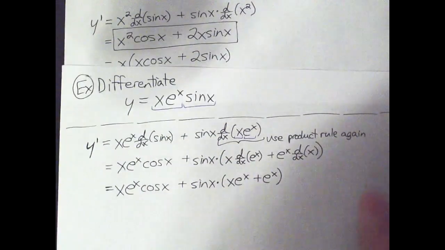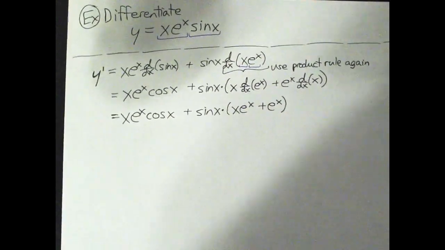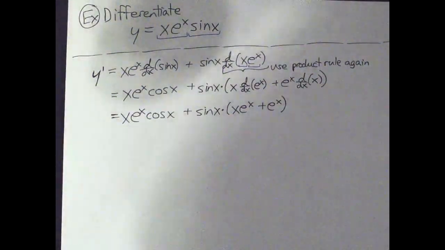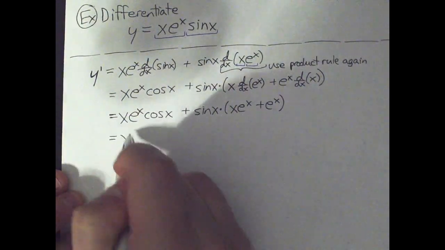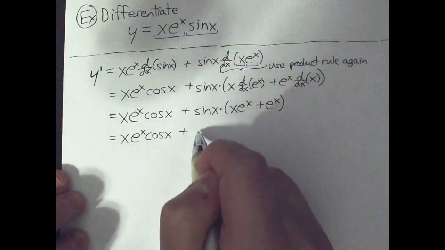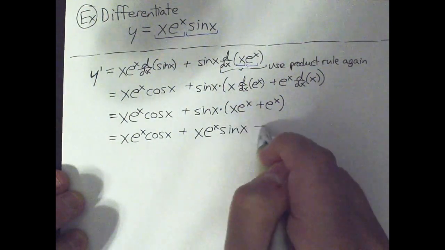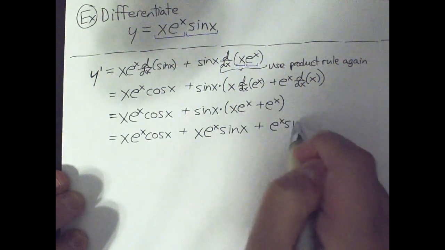At this point, maybe I would distribute, see if there's anything that's going to combine, see if there's going to be any nicer way to write this. So I decided to distribute across the parentheses here. So I wrote this as x e to the x sine x plus e to the x sine x.